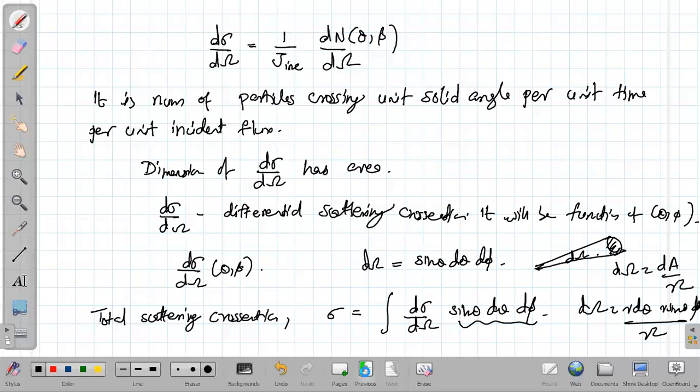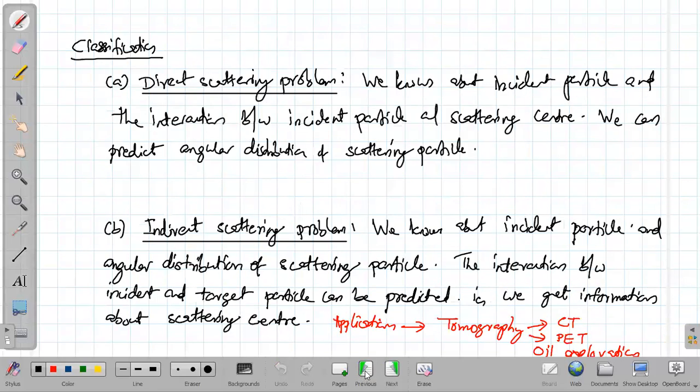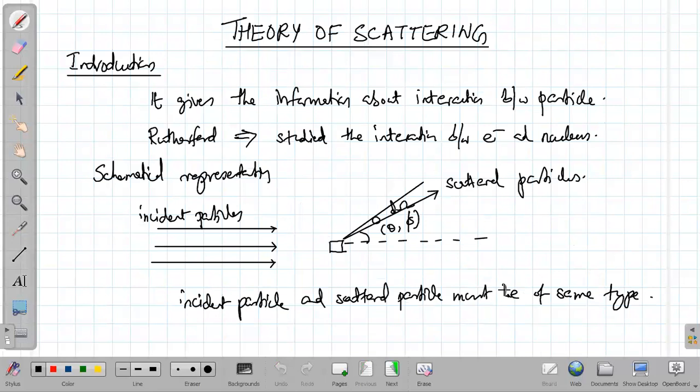Okay, so that is the introduction to the scattering problem. What we have discussed till now is the importance of scattering in physics. The scattering problem is important in order to know the microscopic constituents of particles. For example, earlier we did not know about atoms, and we got the study of the internal structure of atoms by scattering problems.